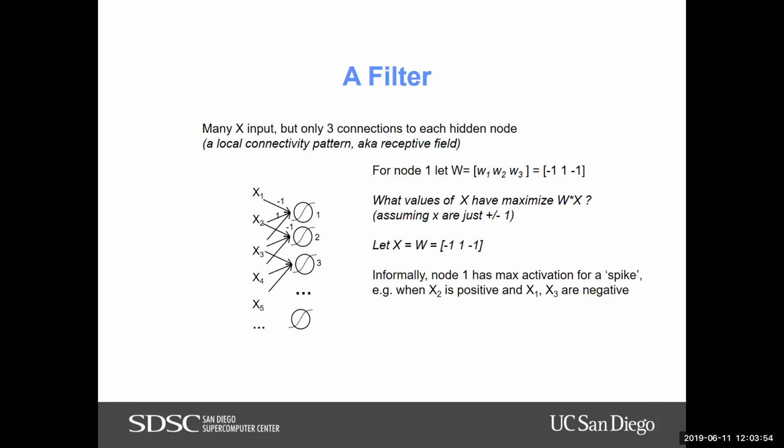So if X is the same as W, then that's going to give me a maximum value of 3 when you take W times X. So informally, in this kind of example, if you have a spike for your second input line, and your first and third inputs are negative, it's kind of like a spike.